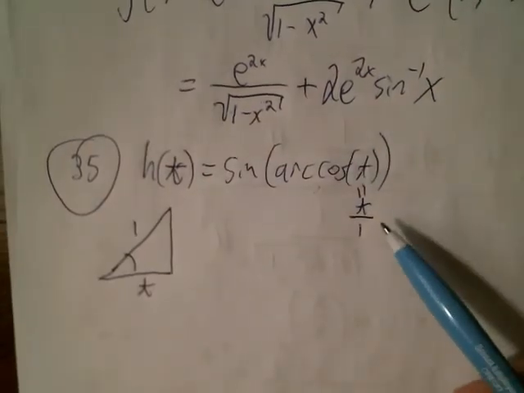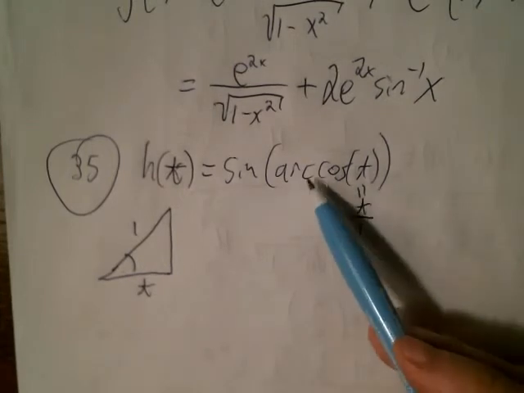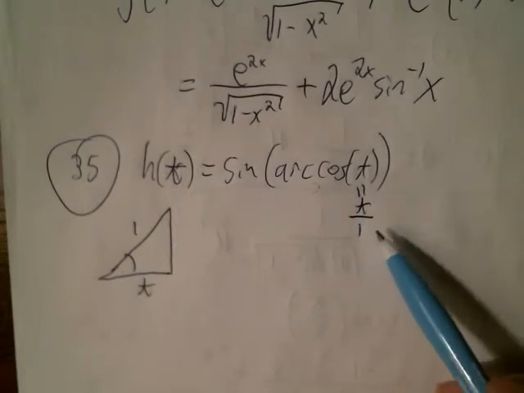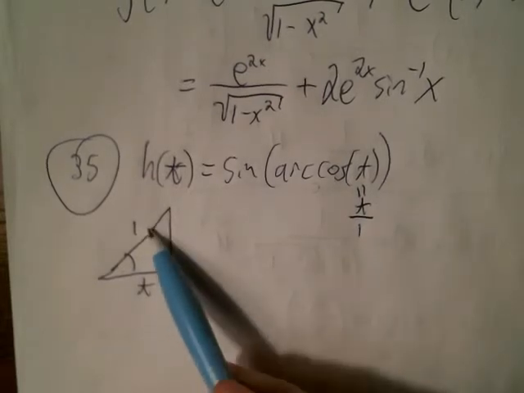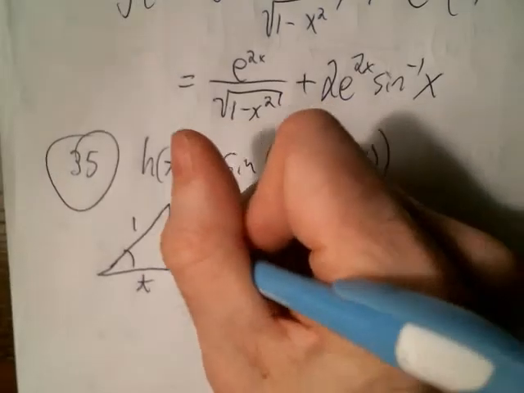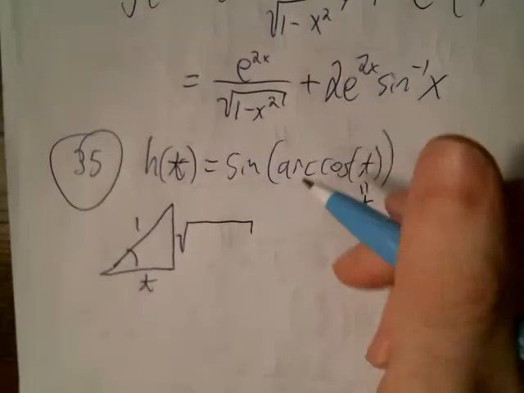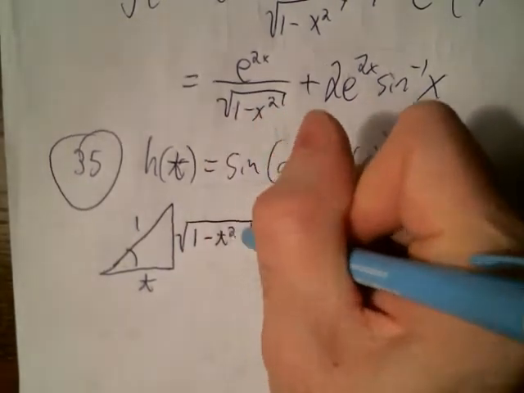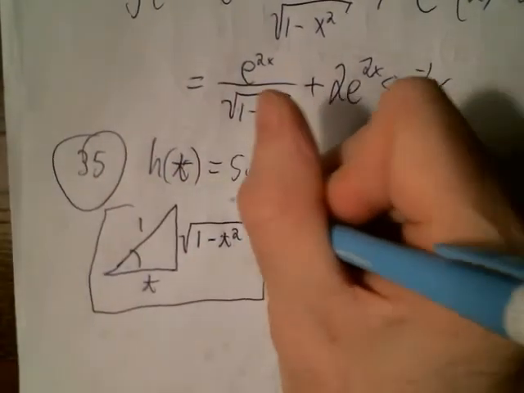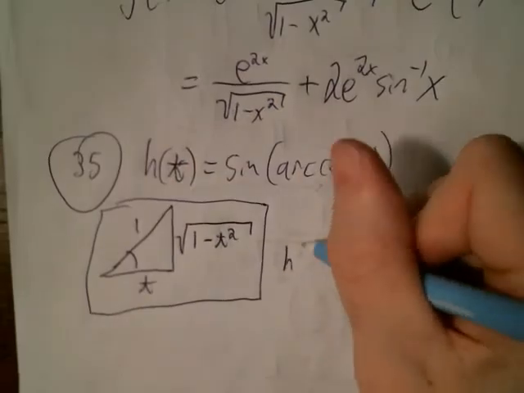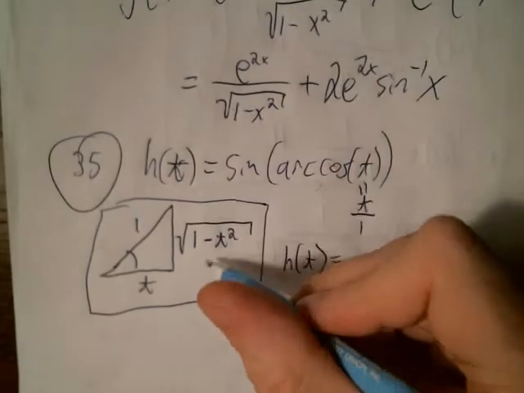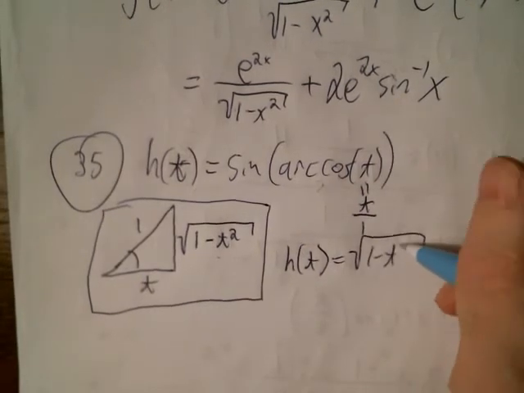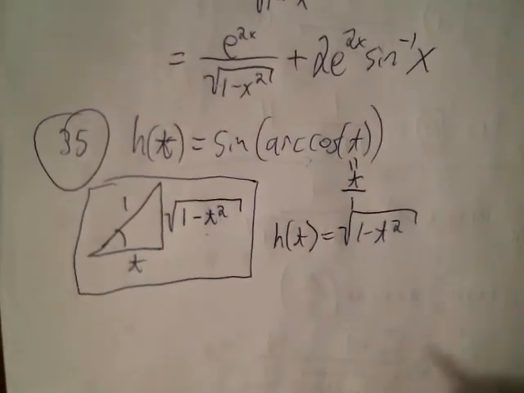And then as a ratio of sides of a right triangle, cosine is adjacent over hypotenuse. So it must be t for adjacent, and then hypotenuse is 1. The third side you get using the Pythagorean theorem, so the third side would have been the square root of 1 minus t squared. Okay, so the sine of this angle in particular is opposite over hypotenuse, so I can rewrite this as the square root of 1 minus t squared, all over 1, but we don't write that, right?